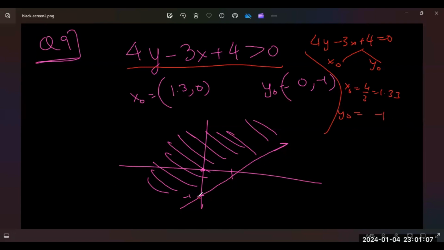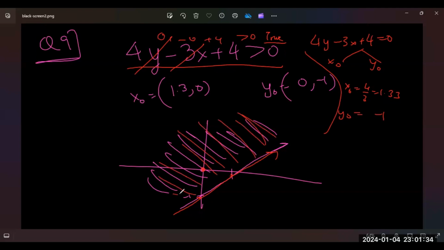And like she rightly said, plot the points, join the line, and then check with the litmus test, which is 0, comma 0, let's say. If you put 0, comma 0 here, 0 minus 0 plus 4, which is 4. Is it bigger than 0? It is a true statement, which means it satisfies. So the half of the plane which contains the litmus point will be the answer.